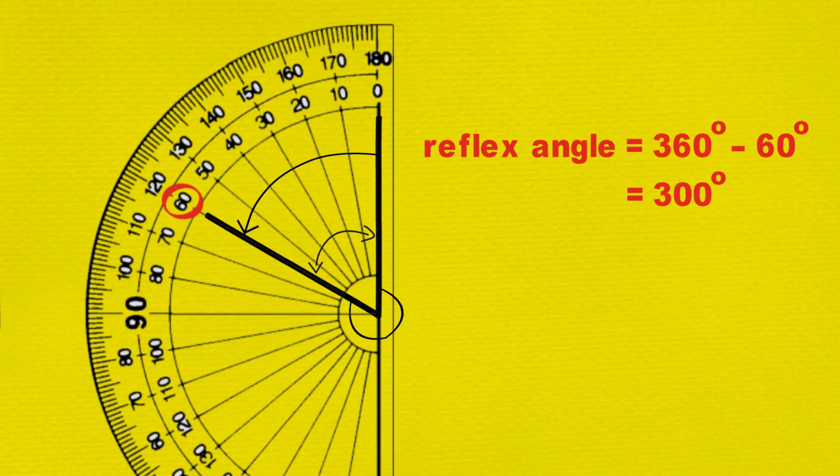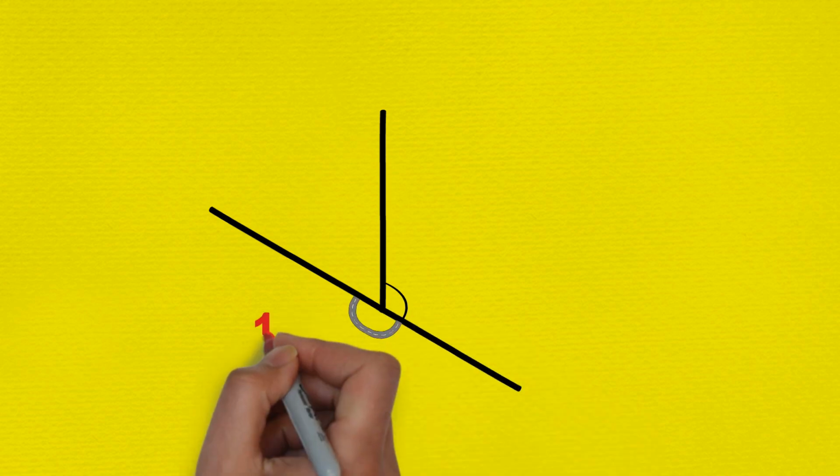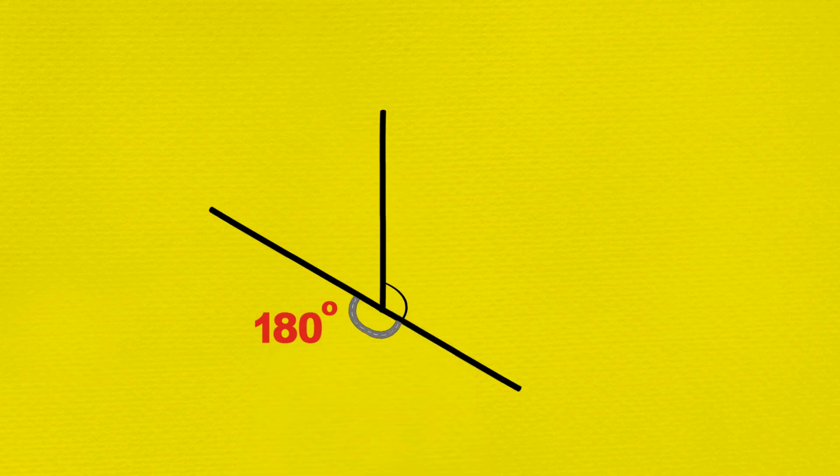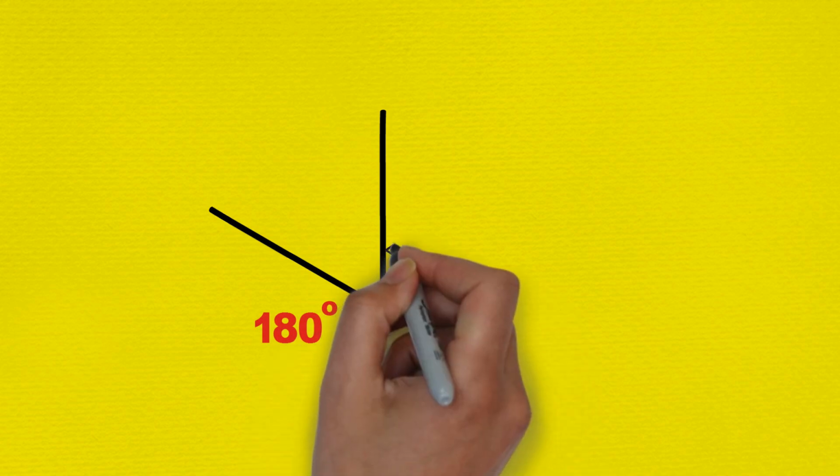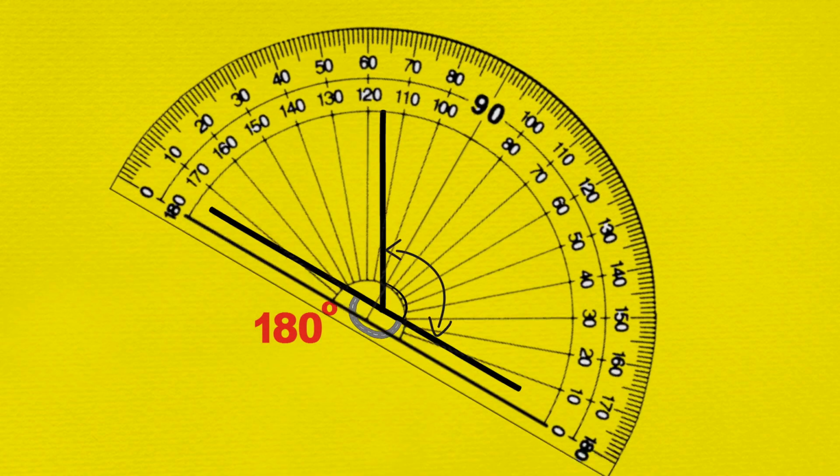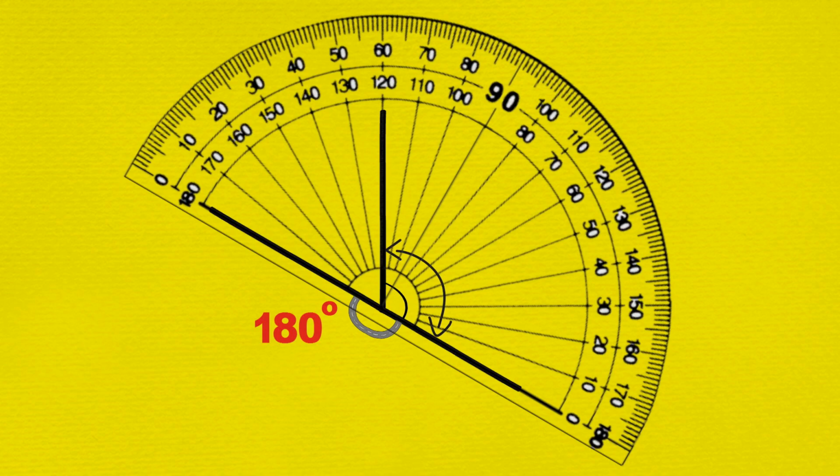Another way to measure the reflex angle is to extend one of the arms of the angle to create a straight angle, that is 180 degrees, plus another angle which we can measure with the protractor and add to the 180 degrees. This other angle measures 120 degrees.